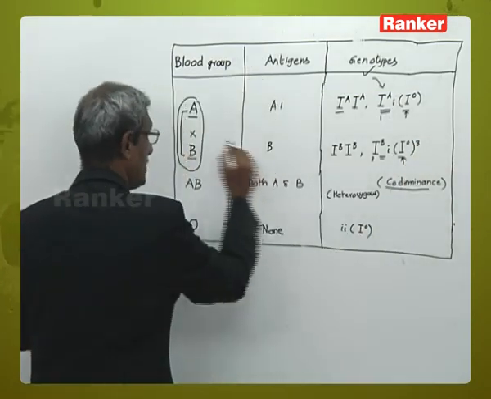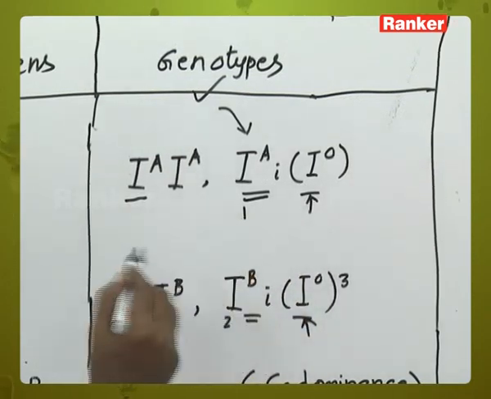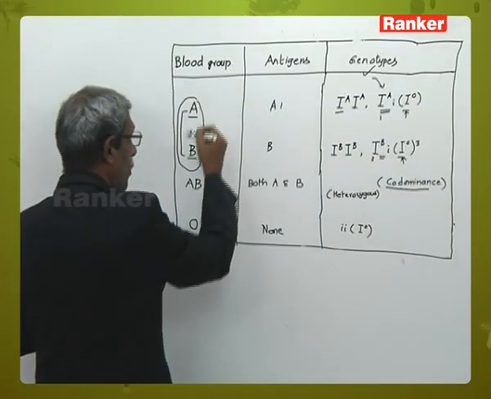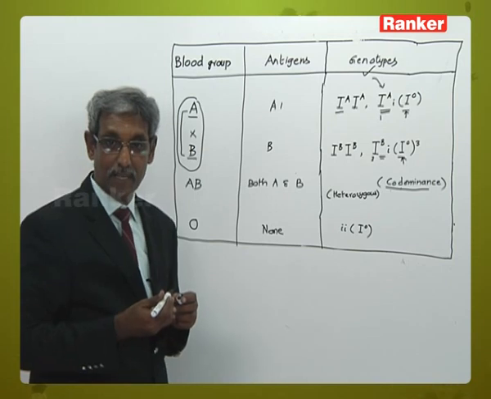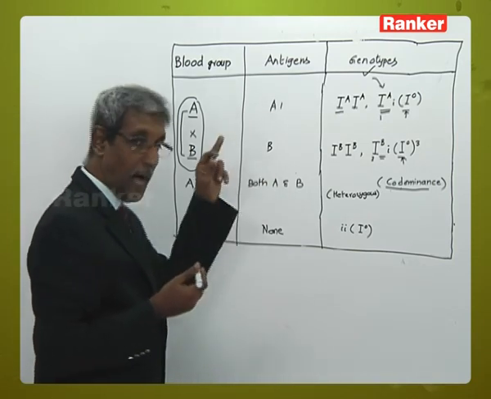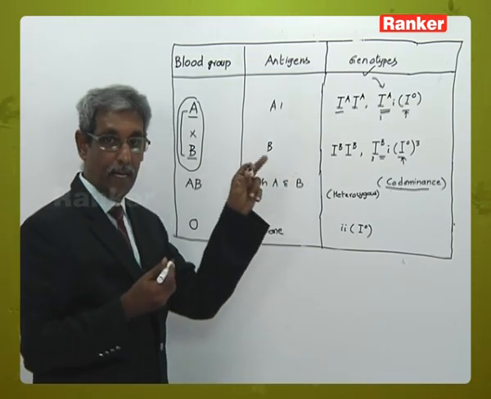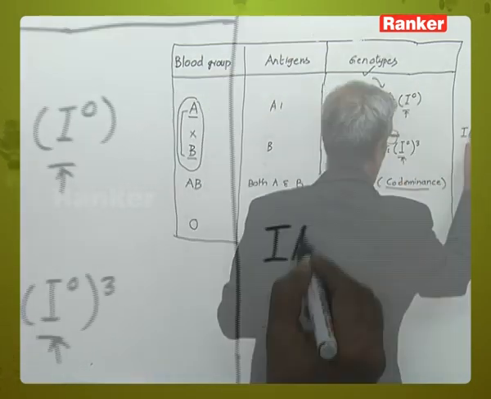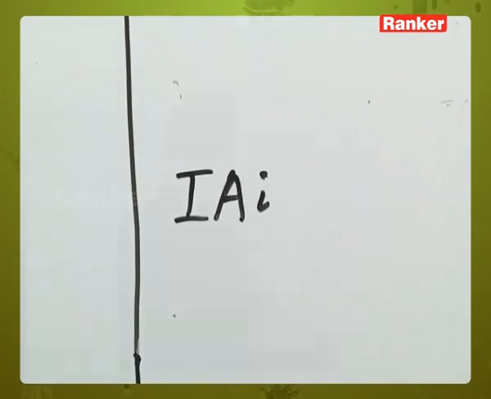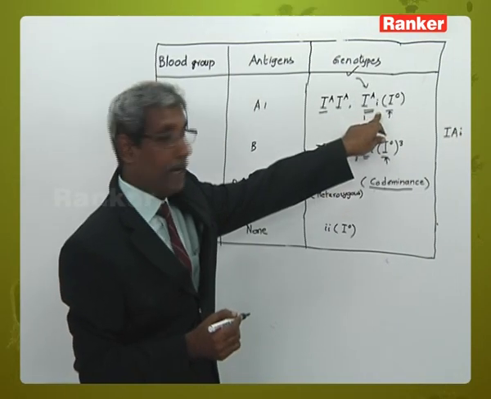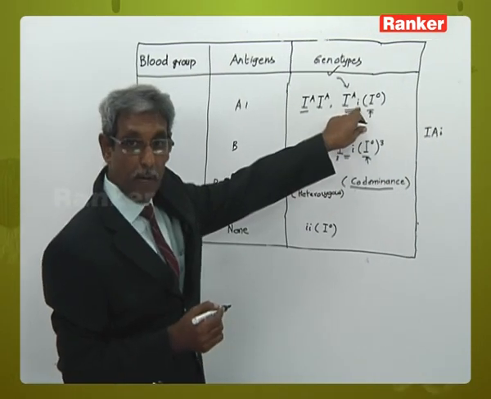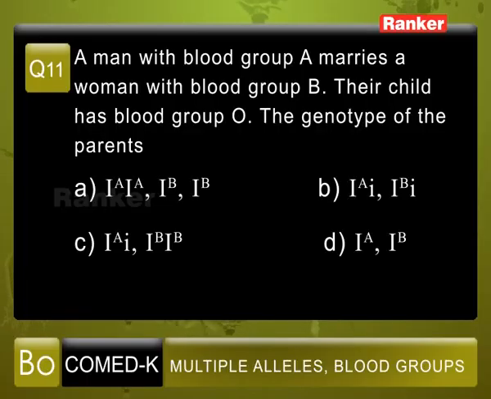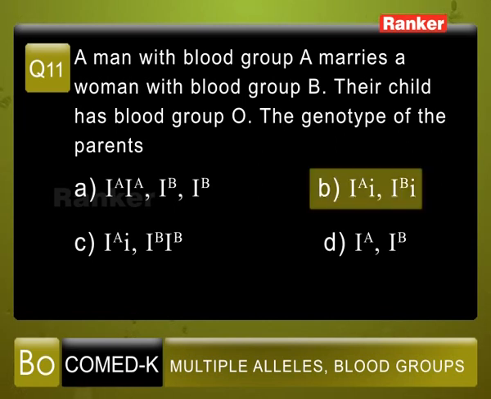So a perfect analysis of the genotypes lets you easily deduce the genotype of the parents. Thereby the correct answer is IAi, because you have a small i coming over here. Then again you also have an IBi. Thereby the answer is B.